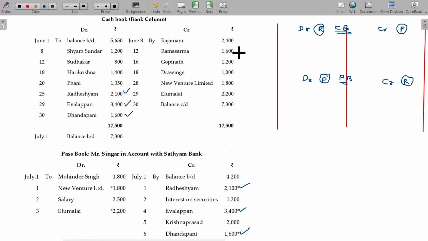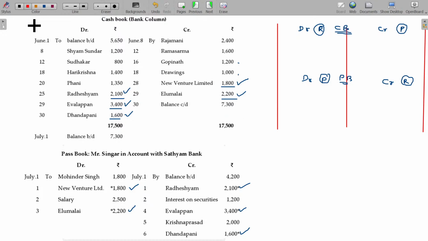Rama Sharma not matching. Gopinath not matching. Drawings not matching. New Venture Limited 1800 matching. And Yelumalai 2200 matching. Those items matching in cash book and passbook, are they the reason for the disagreement? Isn't it? Yes or no?